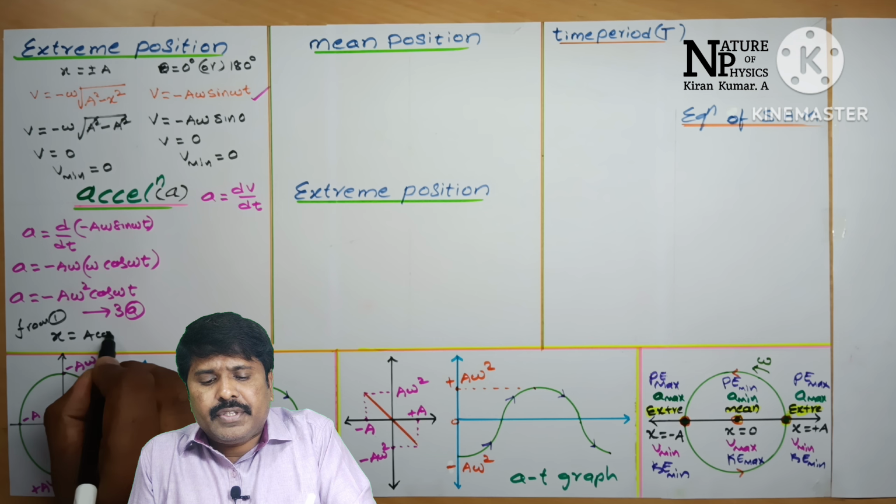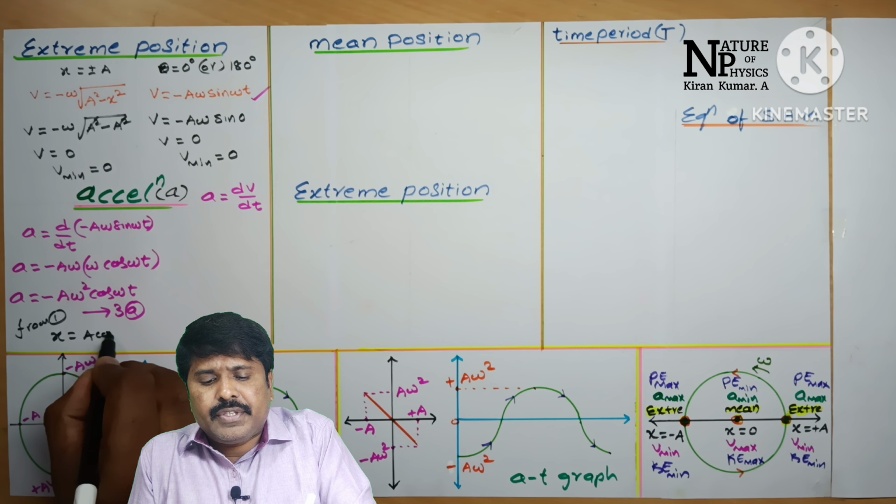See student, like this we are getting extreme position, linear displacement x is equal to plus or minus a, and extreme position angular displacement theta is equal to 0 degrees and theta is equal to 180 degrees. Remember theta is equal to omega t students.